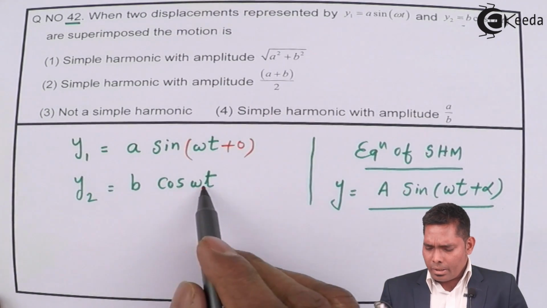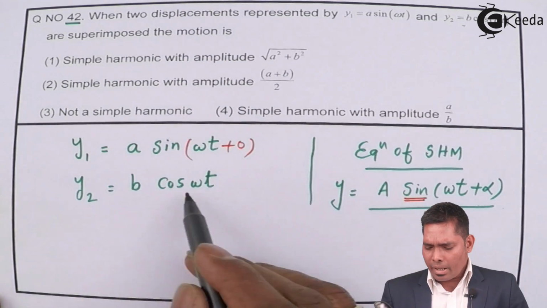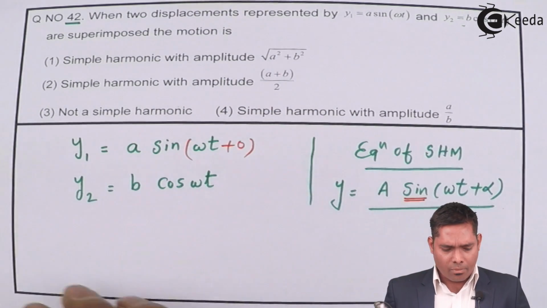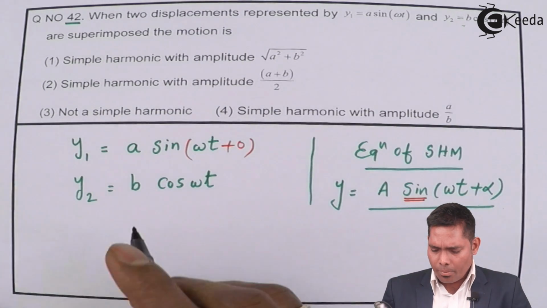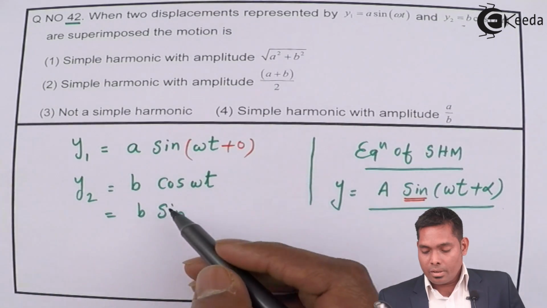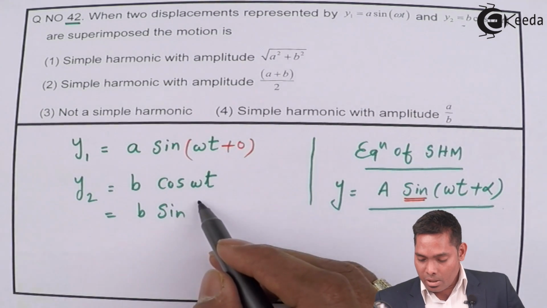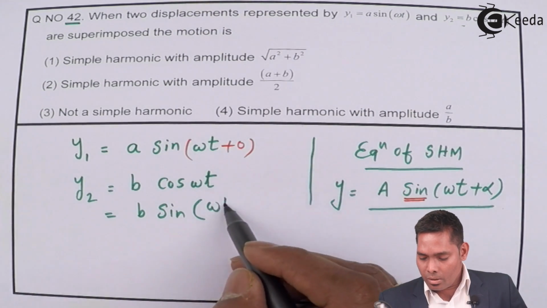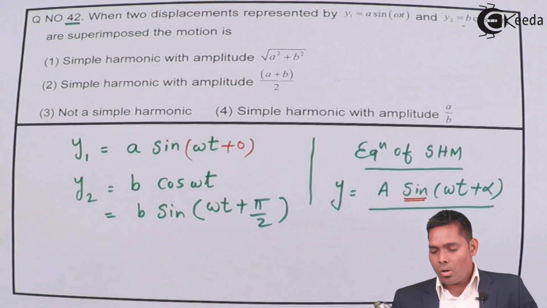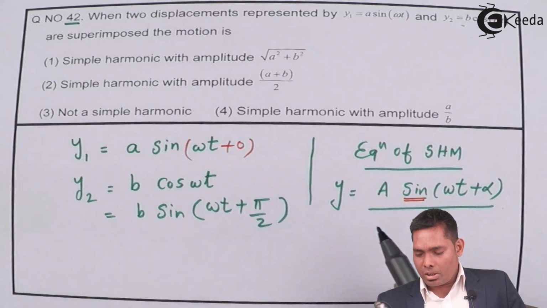And here, it should be sine if I want to compare, but it's not sine here, it is cos. So I have to convert that into sine, then I write this as b sine of omega t plus pi by 2. How to write cos in terms of sine: sine of (90 minus theta) or sine of (90 plus theta).